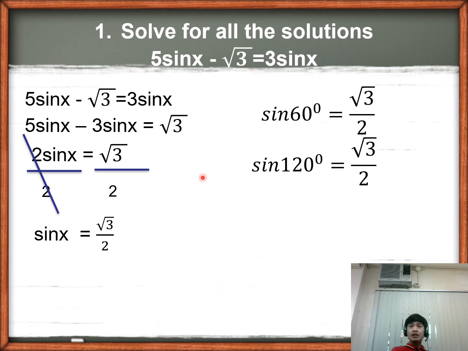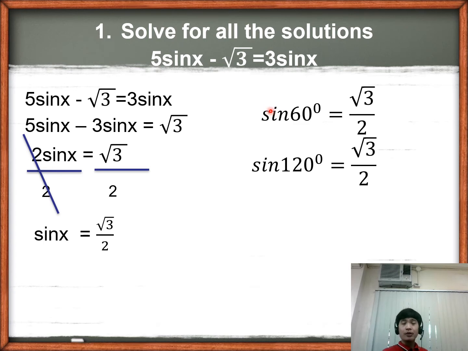However, we are asked to solve for all the solutions, meaning in all rotations. What we found is only the first rotation. From the boundary, meaning the first rotation, from 0 to 360 degrees, these are the angles that give us the value of square root of 3 over 2 for sine. But in the second rotation, third rotation, and other rotations, there are angles there that are also equal to square root of 3 over 2.